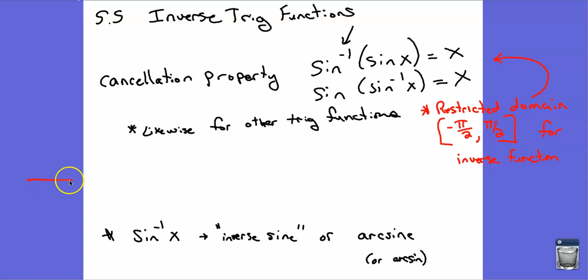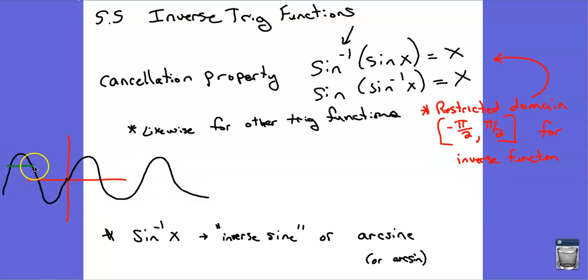So as you start graphing the sine function, notice that it's going to start going like this, and similar like this. And to be 1-to-1, if you draw a horizontal line, it can't cross more than once.